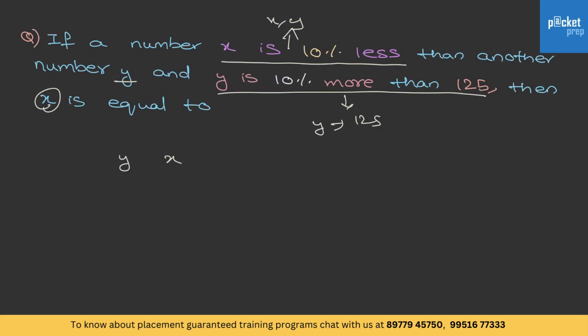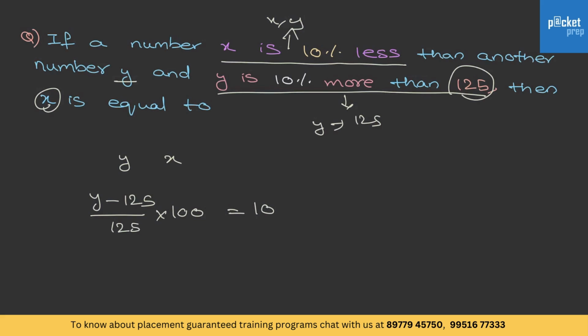Given y is 10% more than 125. So this is represented by the formula (y minus 125) by 125, as it's being compared with 125, into 100 is equal to 10.